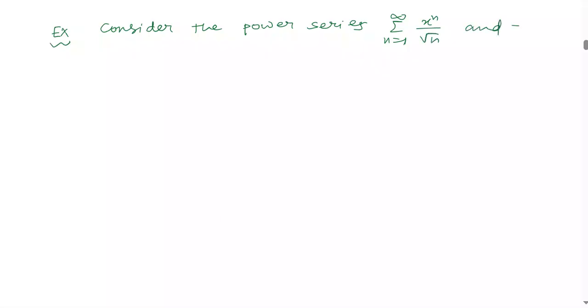Okay, अच्छा, last one question for you, and that question is obviously interesting. Question is given that consider the power series, sum n equal to 1 to infinity x power n by root n and sum n equal to 1 to infinity x power n by n.